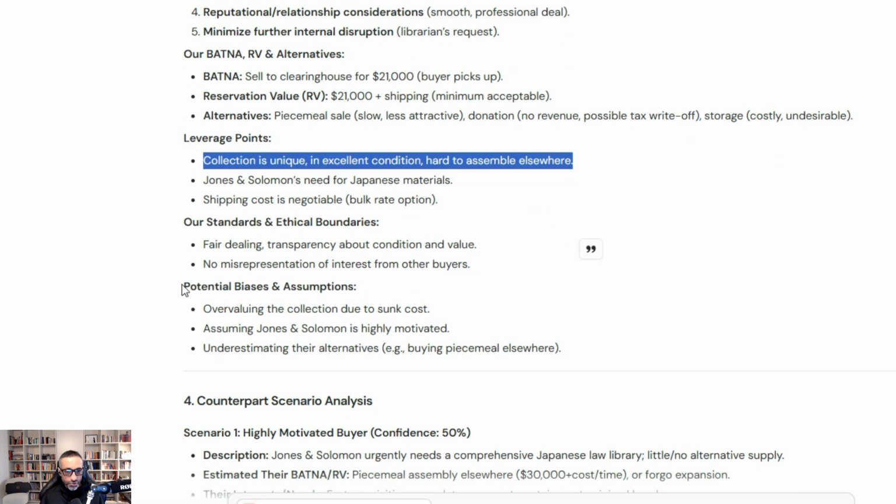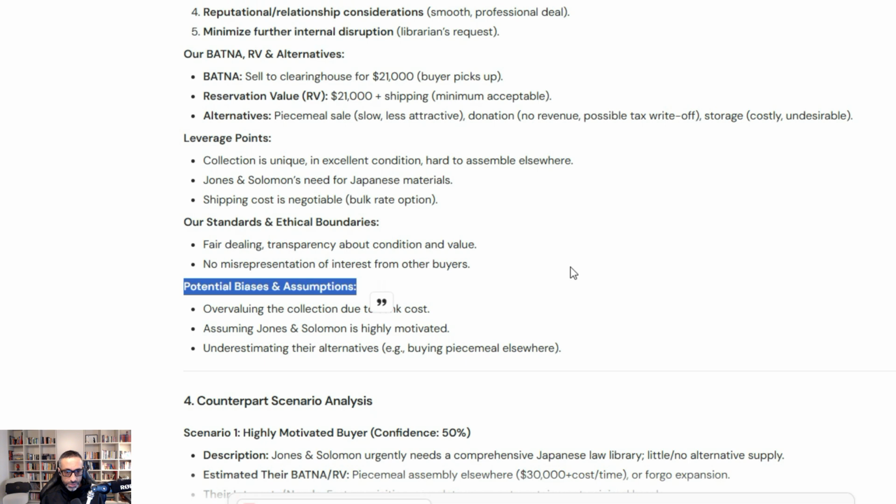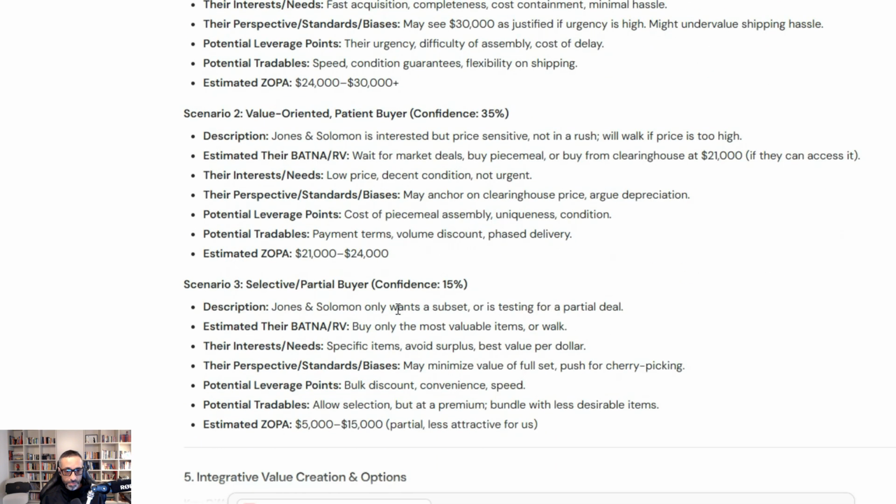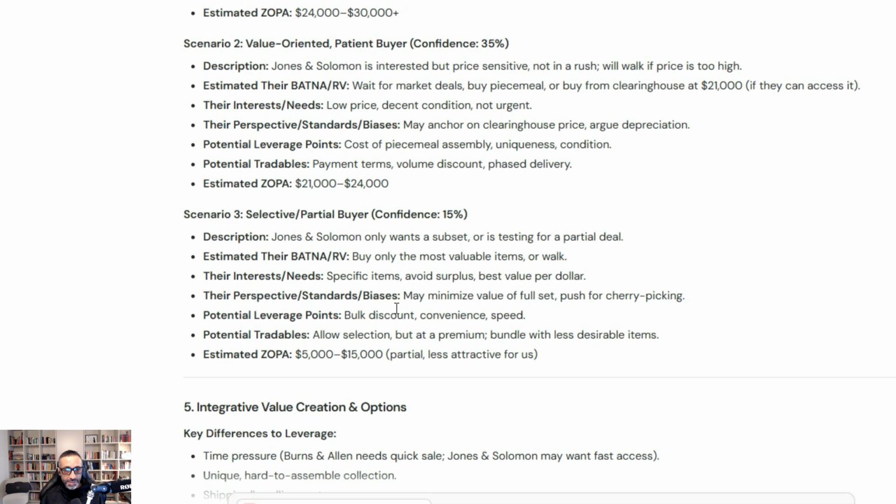And then there are potential biases and assumptions: overvaluing the collection due to sunk costs, very interesting, assuming the potential buyer is highly motivated, underestimating their alternatives. And then we have three scenarios of the counterpart: highly motivated buyer, level of confidence 50%, value-oriented and patient buyer, confidence 35%, and selective partial buyer, confidence level 15%.